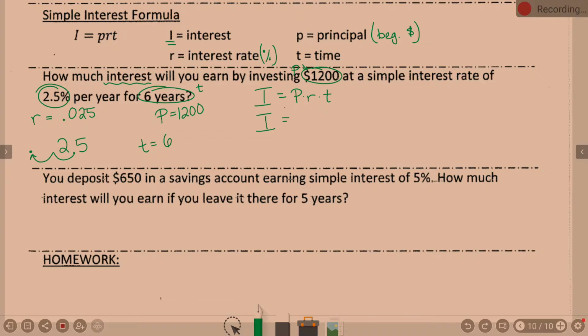So we're trying to find I. P is 1,200 times R, which is 0.025 times T, which is 6. I said 12,000 by mistake. Okay, as long as you write the right thing. Fill in your formula, and then you multiply.